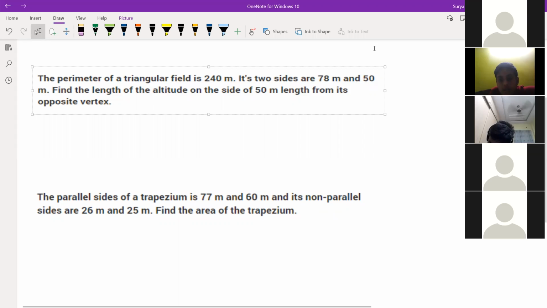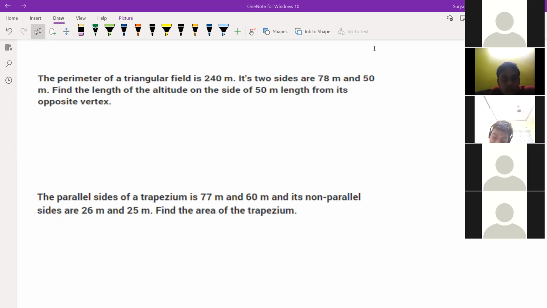Only one answer I got, the perimeter of the rectangular field. What, Ritvik? You're not getting this answer. No, sir. Two into 33.6, what is this? I just wrote question 2 by mistake.